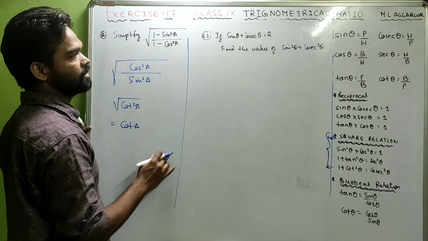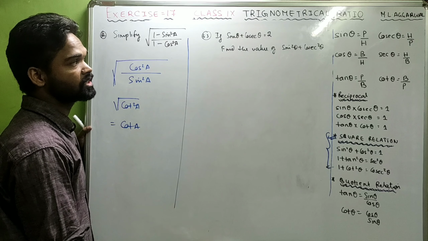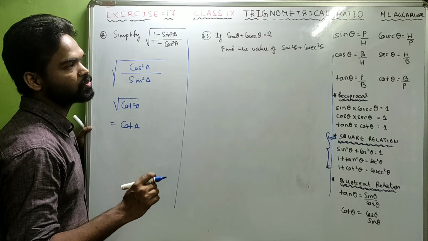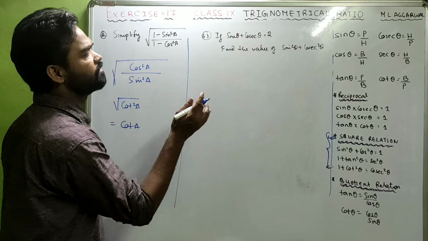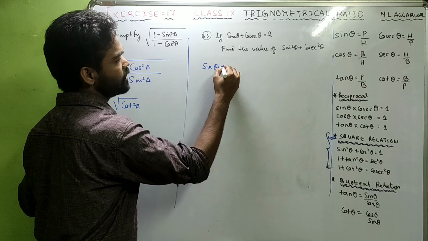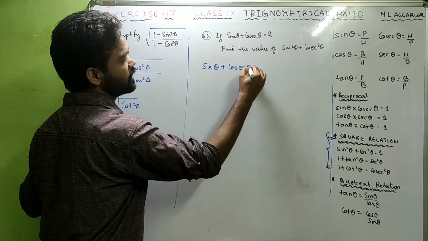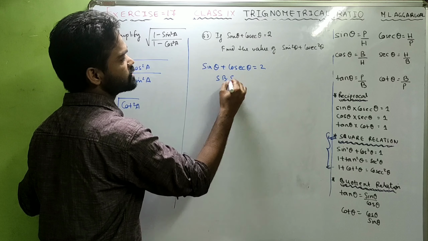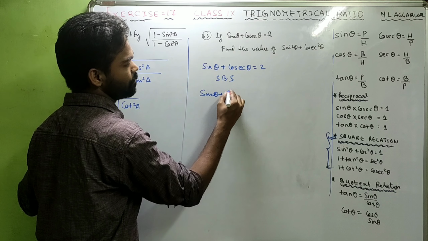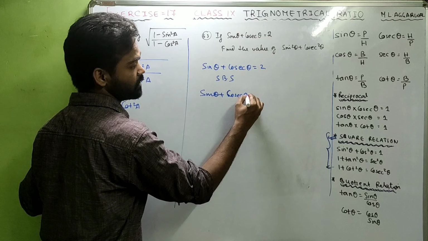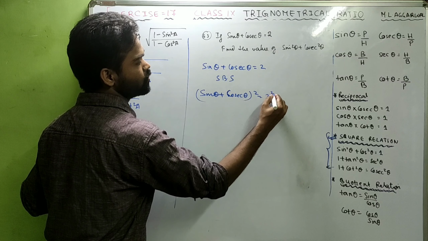Number 33, the last sum. If sine theta plus cosec theta is 2, find the value of sine square theta plus cosec square theta. Very easy. This is given to us, isn't it? Squaring both sides. So that's sine theta plus cosec theta whole square equals to 2 square.